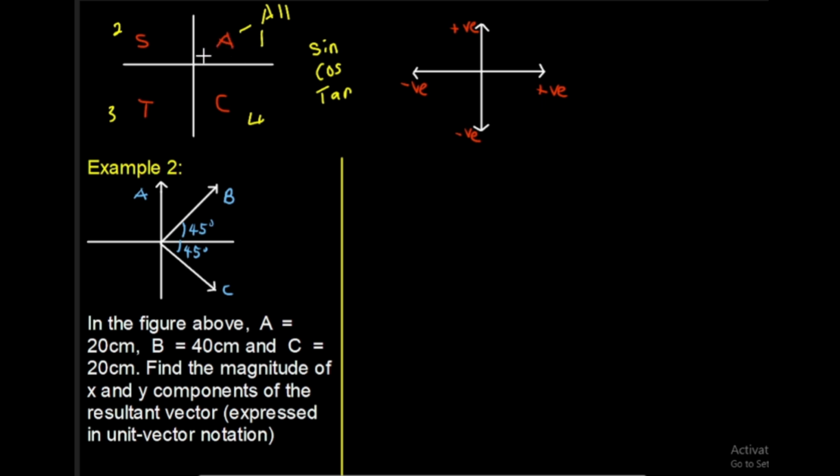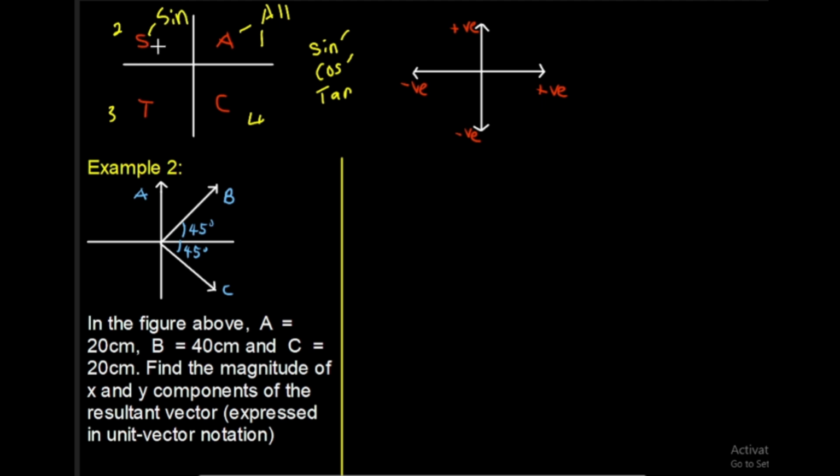So anytime we have a vector falling in this quadrant, that's in this space here, all right, between this line and this line, whether we are resolving vertically, that's using sine, or resolving horizontally, that's using cos, that vector is going to be a positive vector. All right. Now, in the second quadrant, we have S. S here stands for sine. All right.